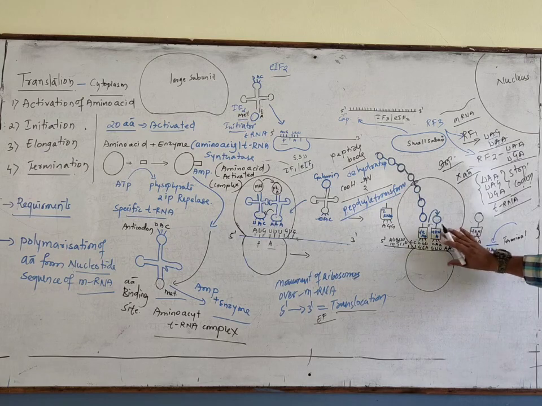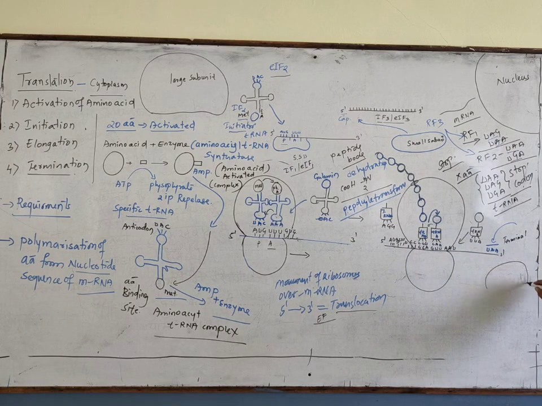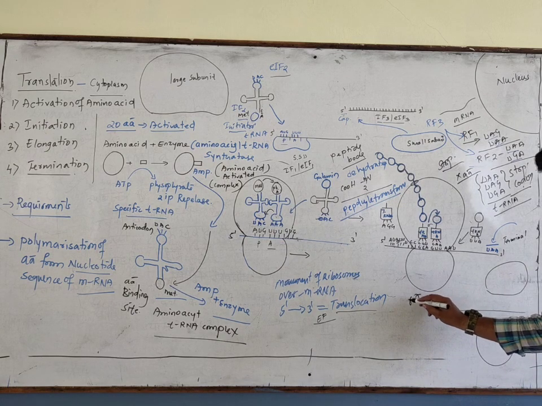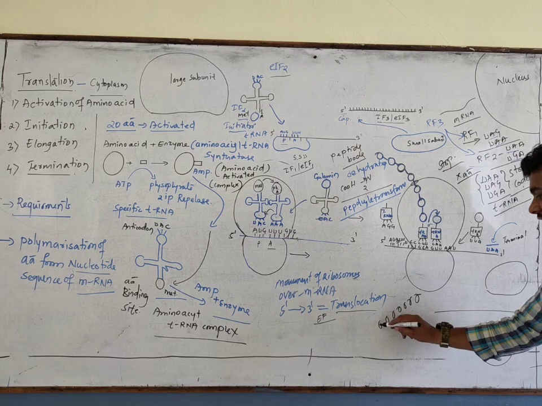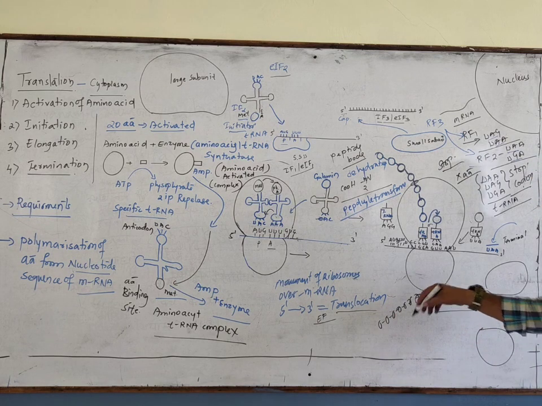As a result, the large subunit is separated, the small subunit is separated, the mRNA is separated, and the amino acid chain is also separated.